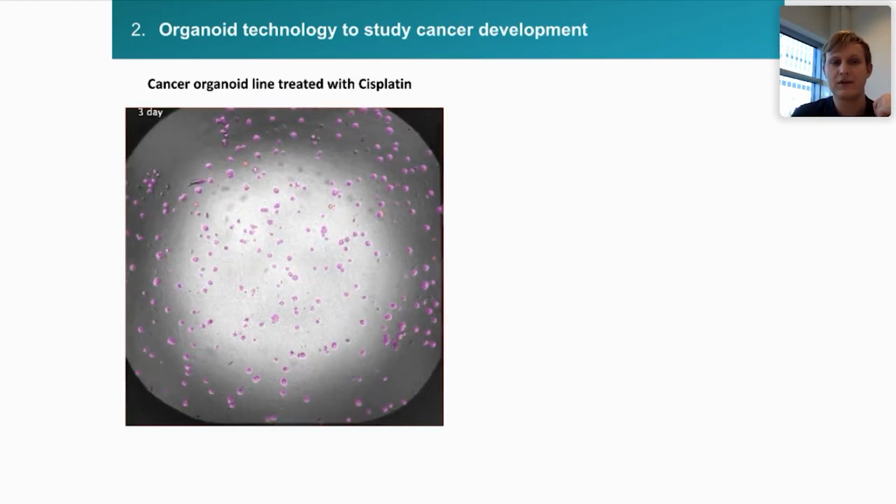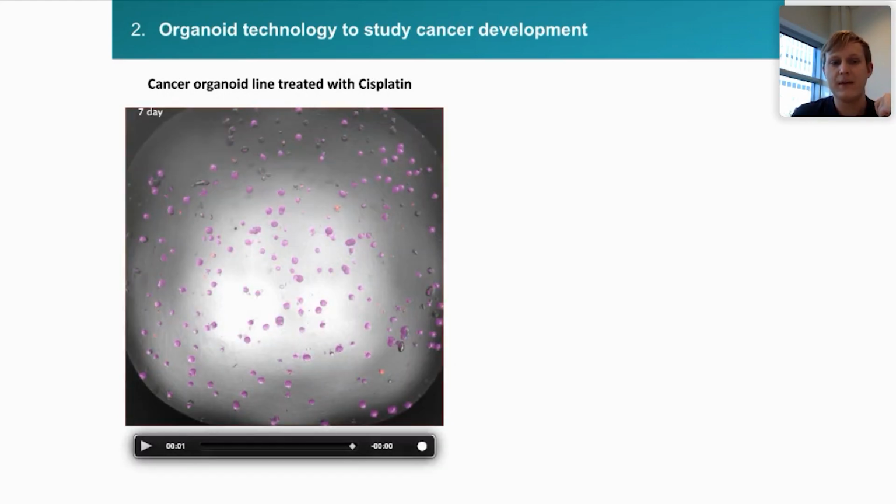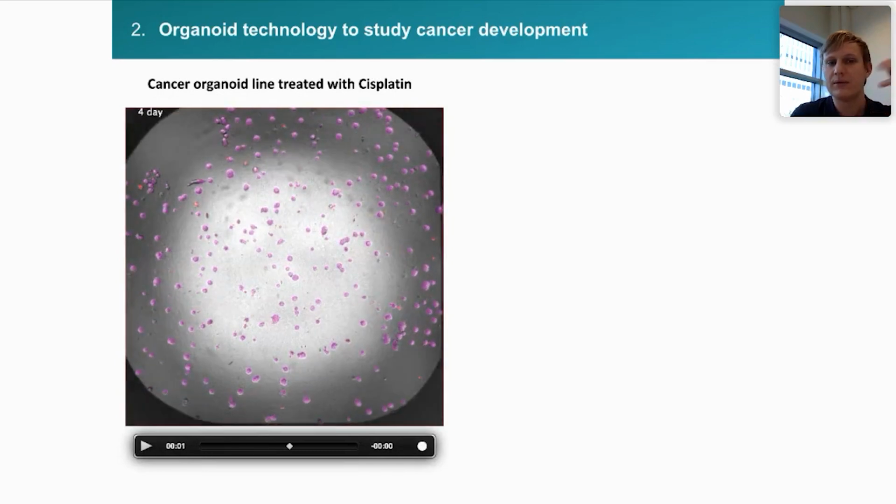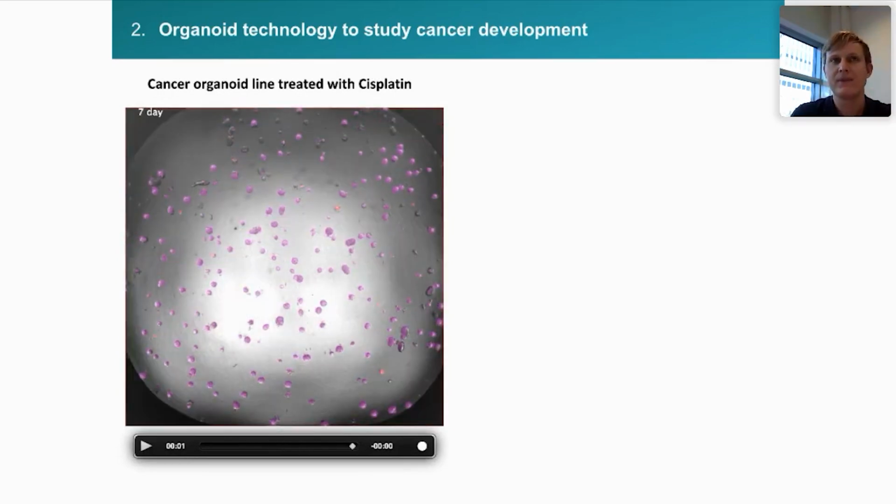And we follow those organoids over time and discriminate between living and dead organoids. This organoid line is a cancer line from head and neck patients, so it's a tumor that generates in the throat, for example. And this line has been treated with a standard classical drug called cisplatin.